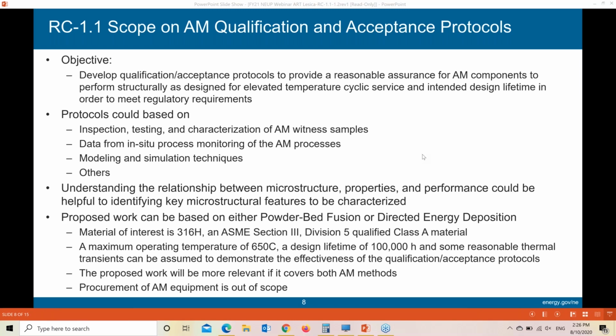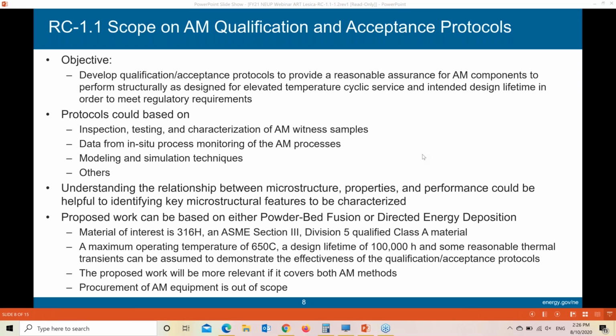Okay, can I respond? As far as irradiation is concerned, we're taking baby steps. This is a very challenging problem. First of all, we are just interested in having some ability to accept AM components for the high temperature service under mechanical loading or thermal transient.